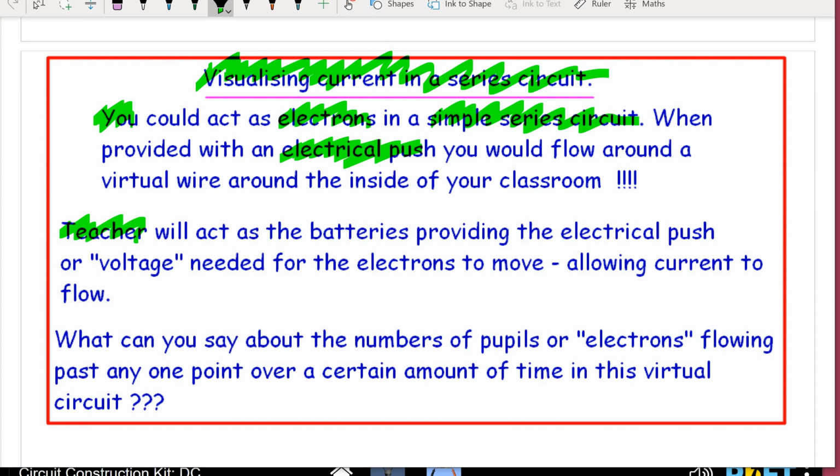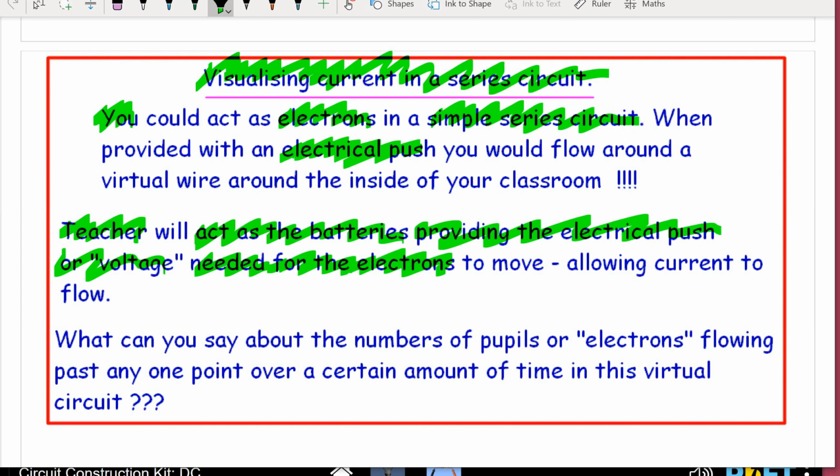Your teacher could act as the batteries, providing the electrical push or voltage needed for you, the electrons, to move. And when you all start moving in the same direction, round and round the room, you're flowing like current.